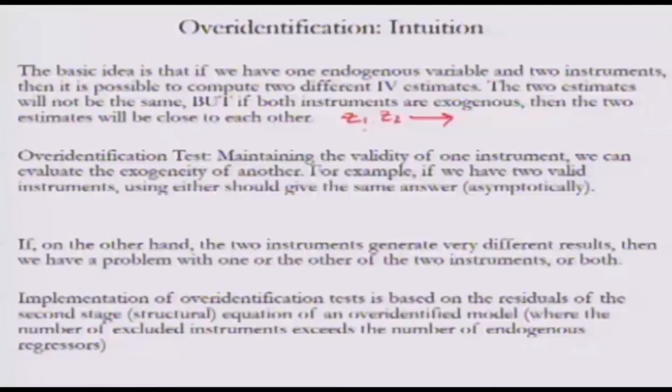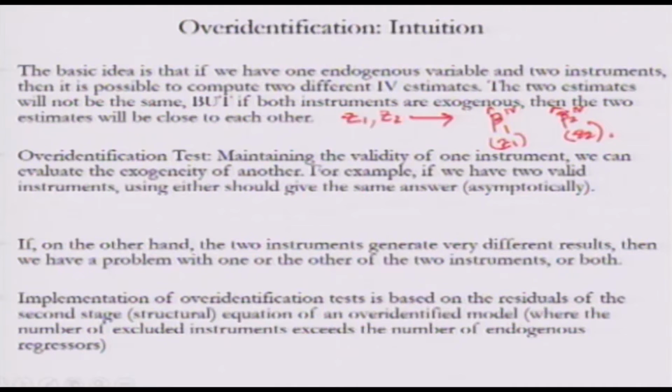So consider these two instruments, but suppose we are using these two instruments separately, and that gives us two estimates of beta IV: beta 1 IV hat, which is obtained by, let's say, using Z1 as an instrument, and at the same time we can have beta 2 IV hat using Z2 as an IV.